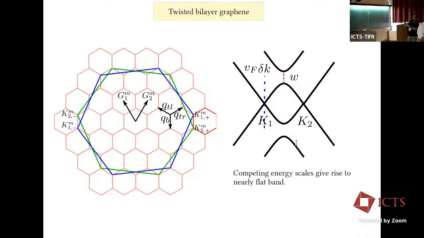And you can see there are now competitions of two energy scales. One is this distance and one is interlayer tunneling. And the competition of these two can make these bands pretty flat. Okay, this is one of the reasons we are excited about this, to have a flat band. And why is a flat band exciting? You know that the interaction energy will play a much more important role compared to kinetic energy.